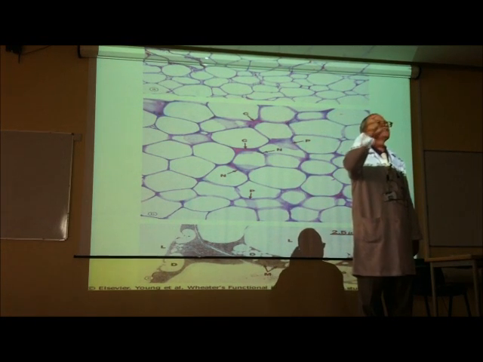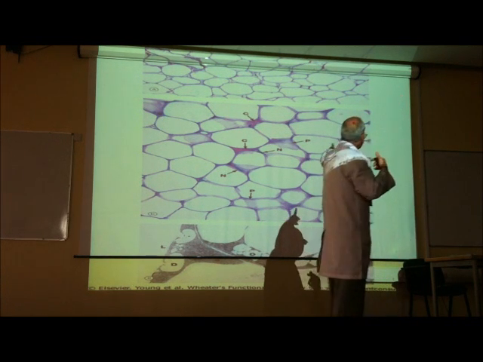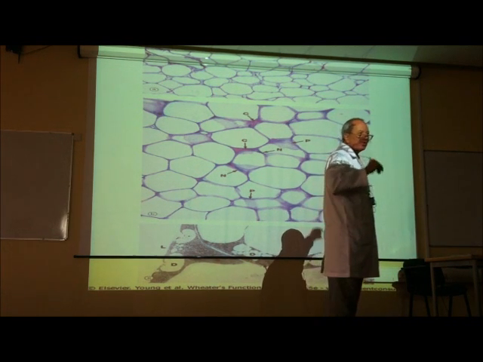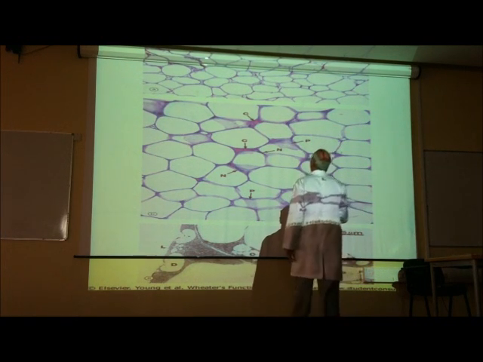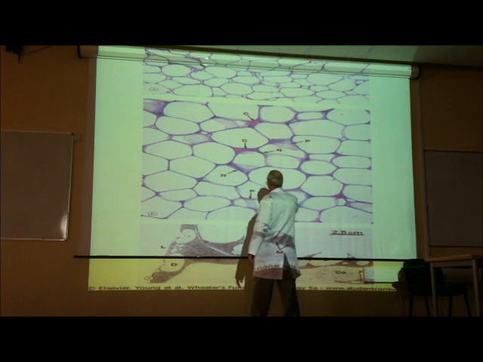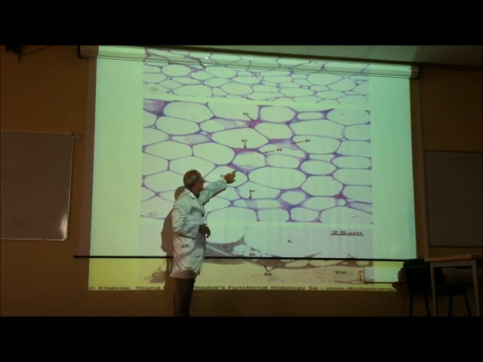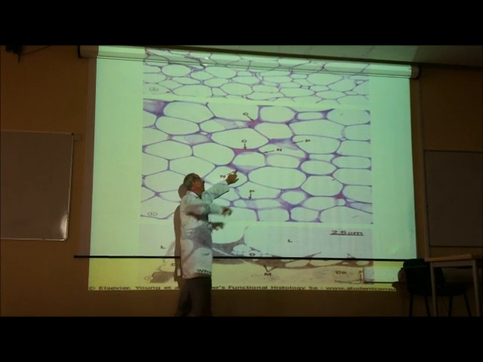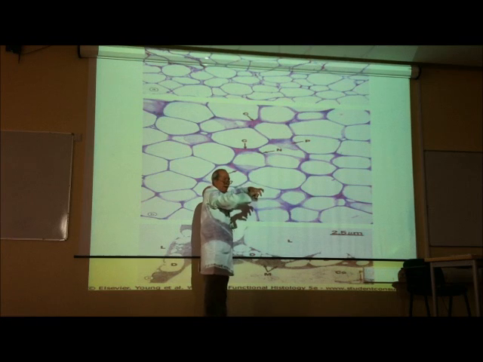So it contains one large dissolved lipid droplet, and the cytoplasm forms a thin rim at the periphery. And the nucleus is peripheral and flattened. And we say the cell has a signet ring appearance.